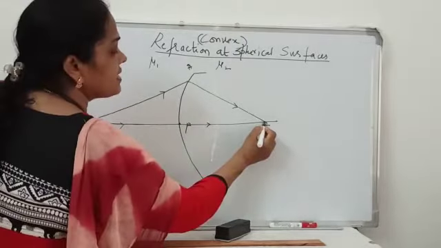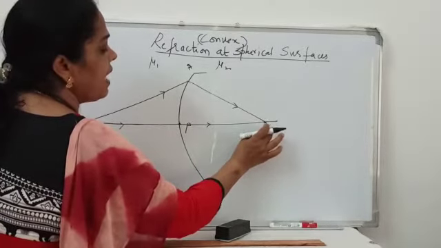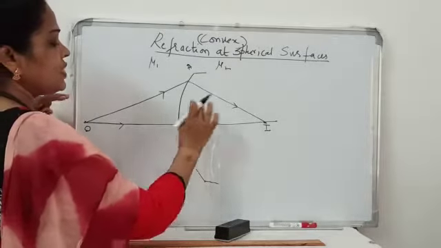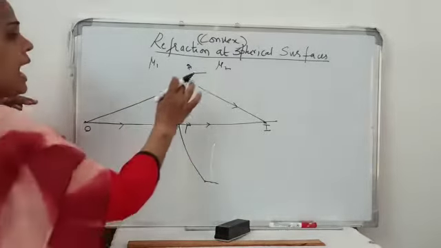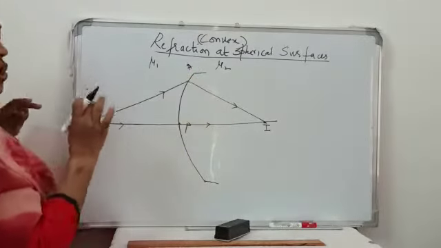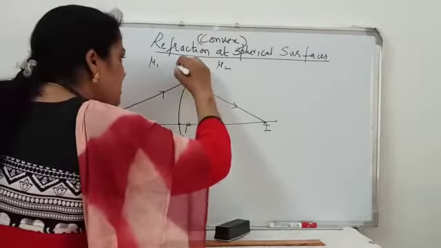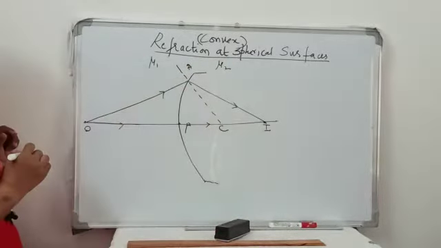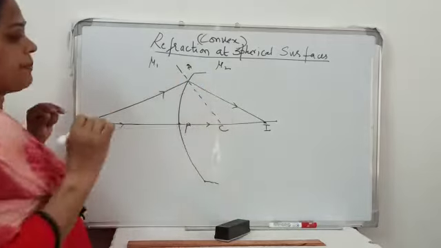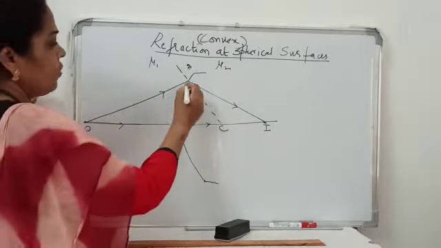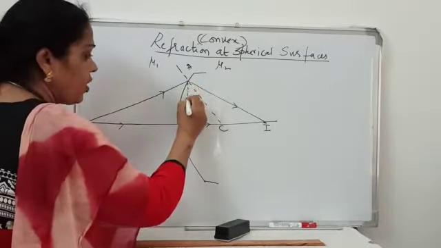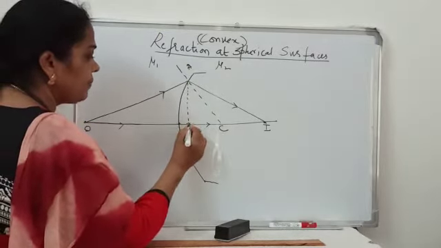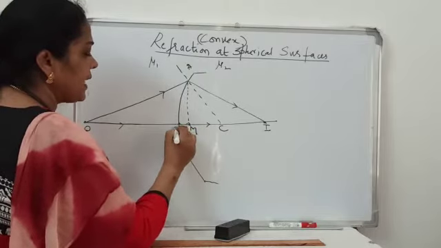The two refracted rays meet at the point I. I is the real image of O. We know that the center of curvature is to the right. At the point of incidence, we have to drop a normal which passes through the center of curvature. So this is C. This is the normal drawn at the point of incidence. We drop a perpendicular from A to the axis and mark its foot by M. This is P.